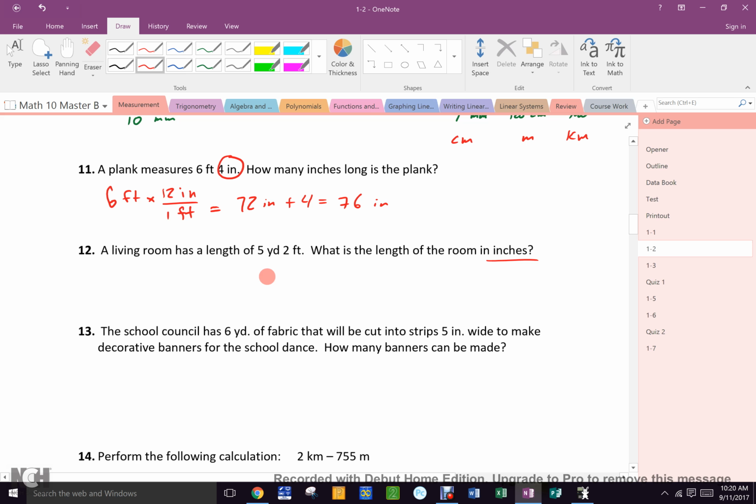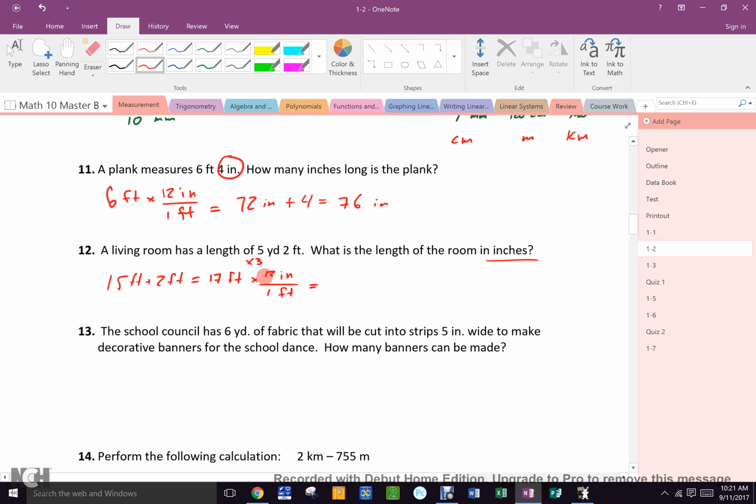Okay, I'm going to do some of this in my head because I know this yards to feet is times 3 because I've been practicing a lot, right? So I know I've got 15 feet plus 2 more feet is 17 feet. And then I need to go to inches. So I'm going to multiply by inches over feet, 12 over 1.